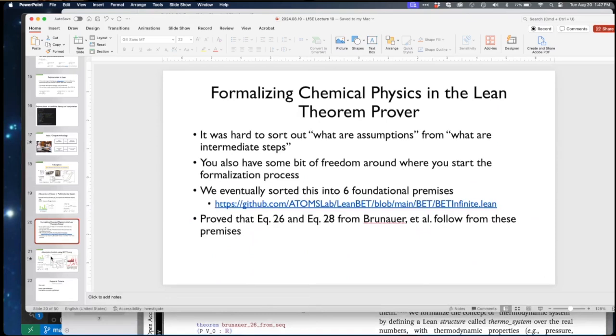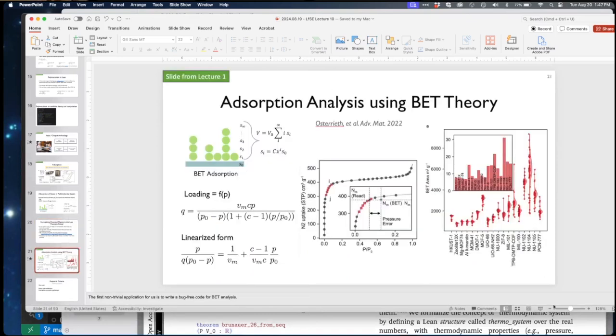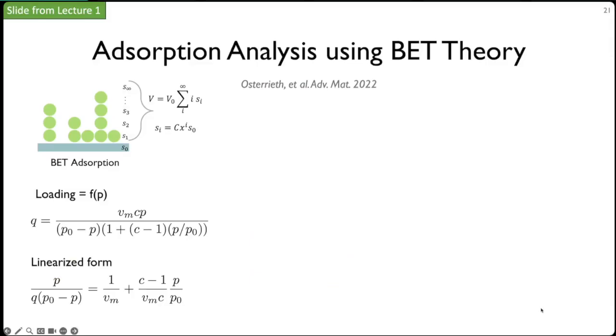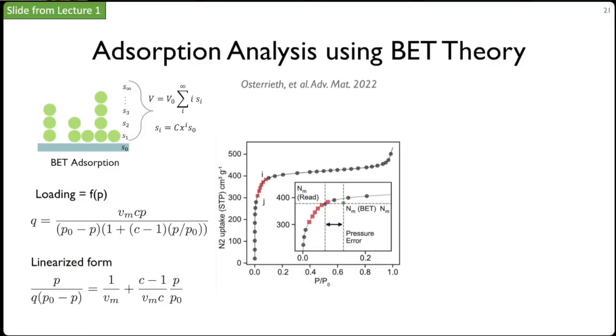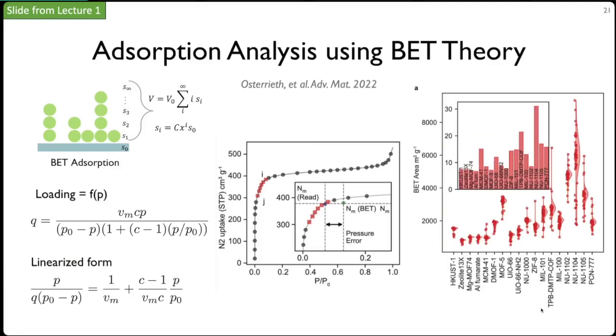So the next part of this is code, executable code. And the motivation for this comes from this really neat paper that studied BET adsorption analysis, and they sent the same data sets to a whole bunch of different labs.